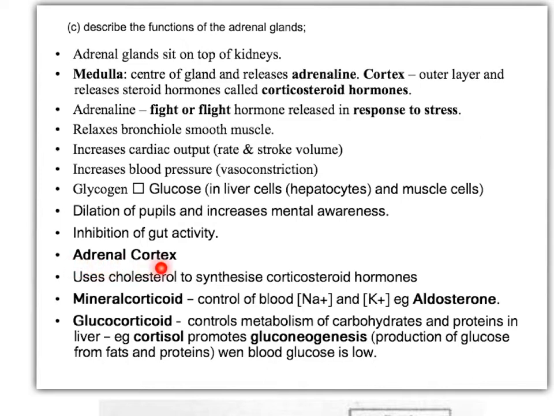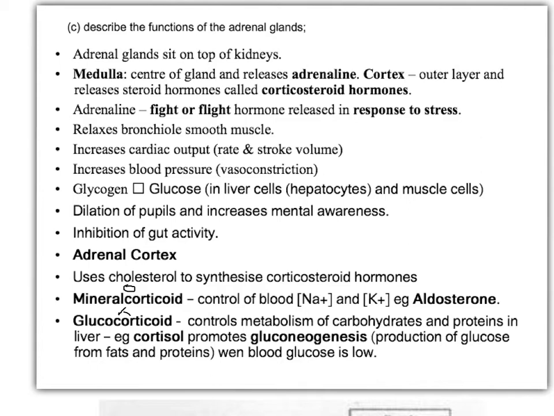The adrenal cortex is involved in producing a number of hormones called corticosteroid hormones, and there are two types. I've actually had a spelling mistake here. One is called the mineralocorticoid, there should be a little O there. The example you should be aware of is aldosterone, which is involved in balancing sodium ions and potassium ions in the kidney.